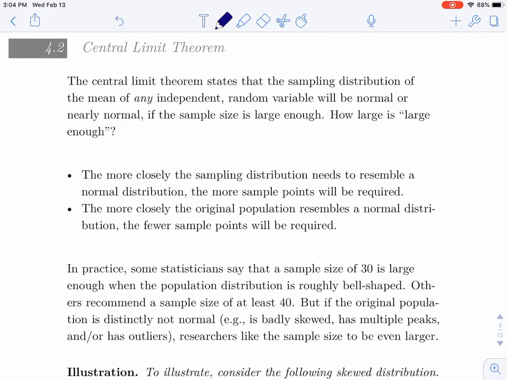That's kind of, yeah, fair enough, right? But the central limit theorem says that regardless of what distribution you're sampling from, so even if it's really skewed, this distribution that you're sampling from, if you're looking at averages from that group, those averages will still follow a normal distribution. So that's pretty cool.